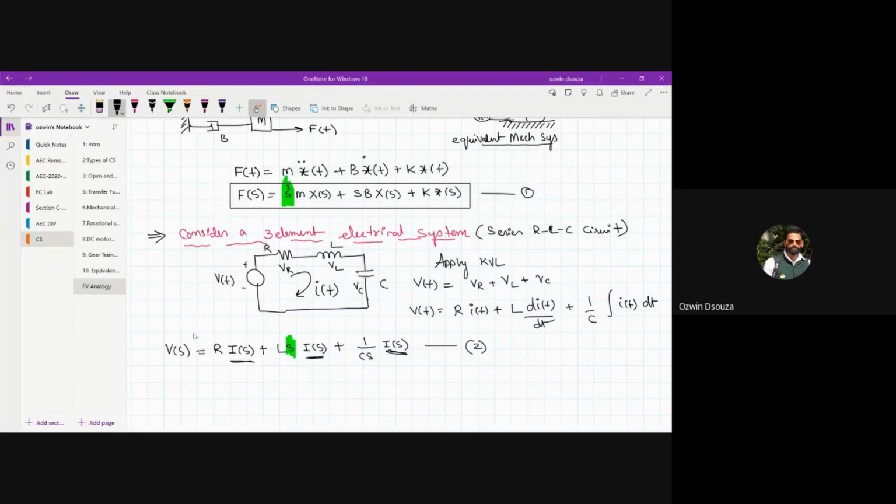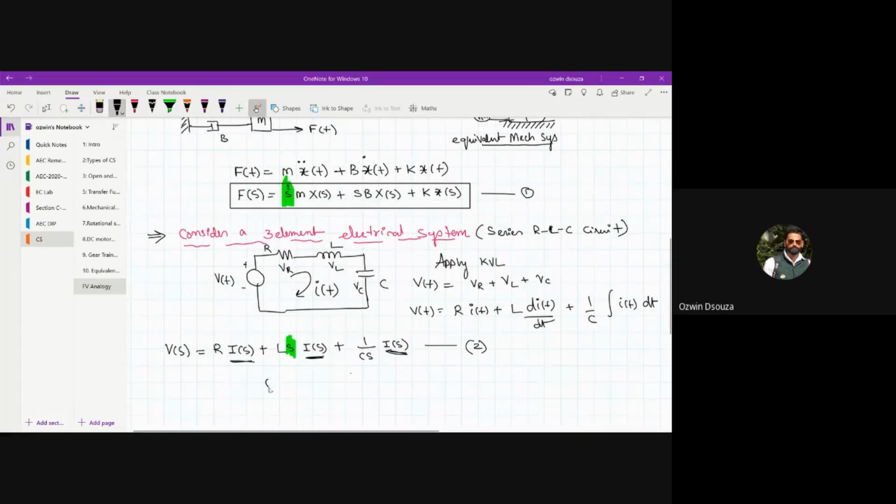So what we can do is use the definition of current. Current is defined as rate of flow of charge, right? So I is equal to dq by dt. Let me show the time dependency also.